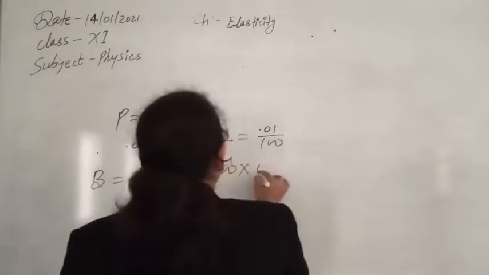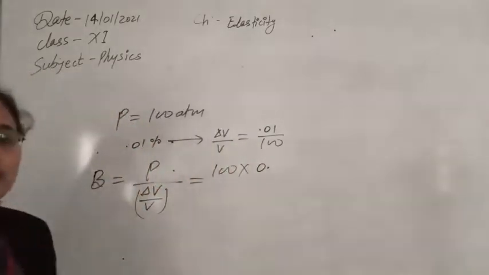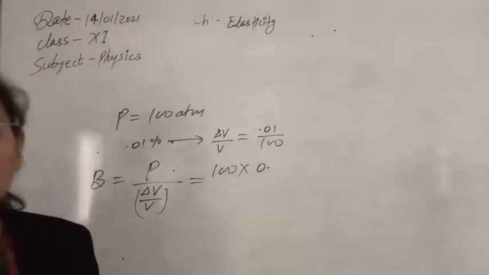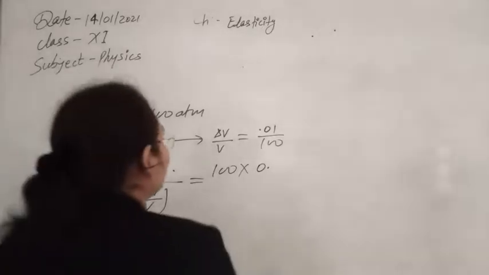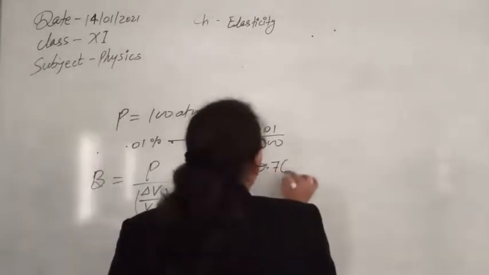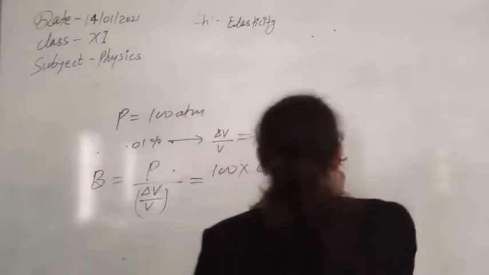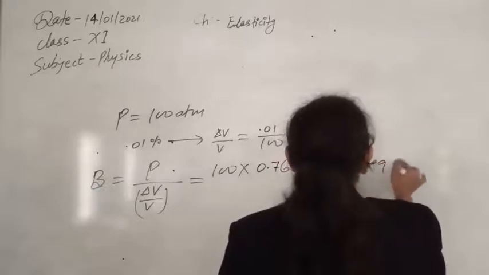Let us suppose I am going to use Newton per meter square. For that, as we know, 1 atmosphere is equal to the pressure of a 0.76 meter mercury column, which is calculated by h rho g. So 0.76 is h, rho is 13.6 × 10^3, and g is 9.8.